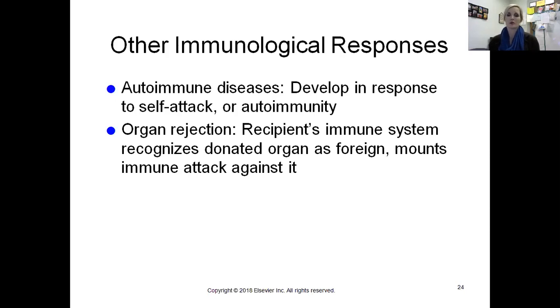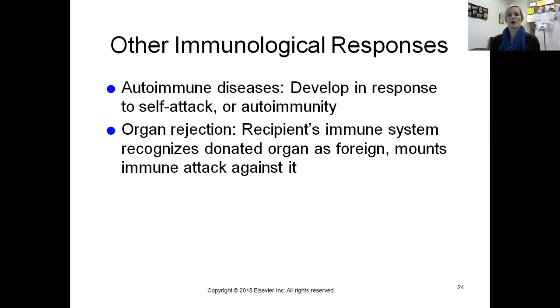It's a type of immunological response. That's not always a good one. And there's also organ rejection too. Recipients' immune systems will recognize a donated organ as something foreign, and sometimes will mount an immune attack against it.